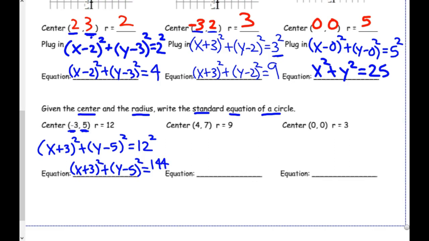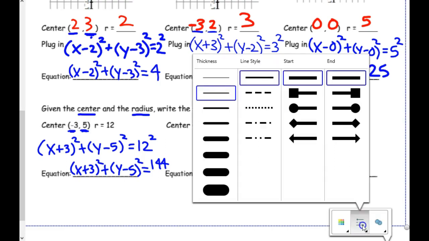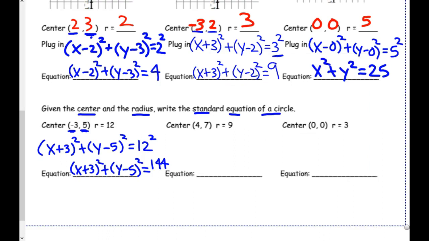Easy? Hard? What about the next one? We'll go red on this one. So, somebody help me now. What am I going to write? Okay, x minus 4 squared plus y what? Minus 7 squared. Very good.